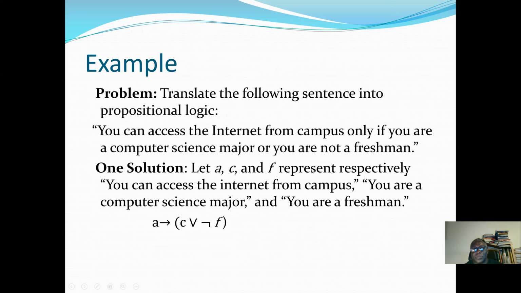So first, for the solution, we came up with A, C, and F. As I said earlier, in the previous example we used P, Q, R. We can use any character. So here we are using characters A, C, and F to represent, respectively: first, you can access the internet from campus; then, you are a computer science major; then another one, you are a freshman.